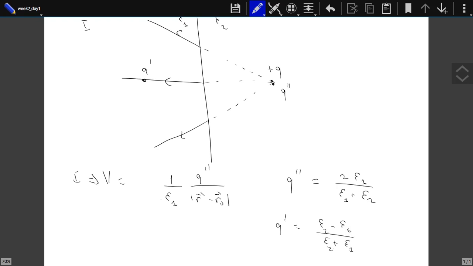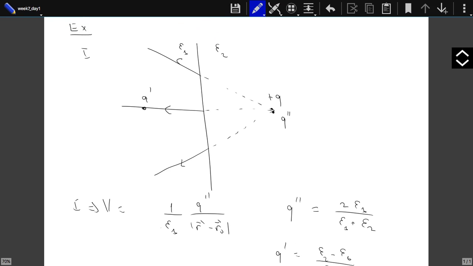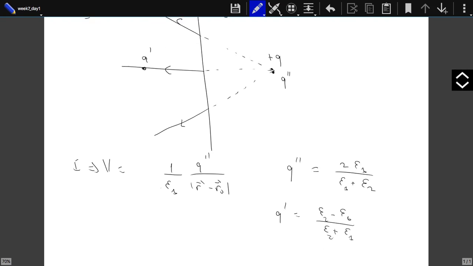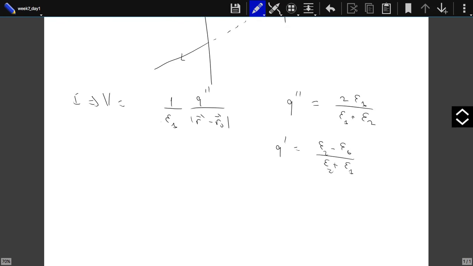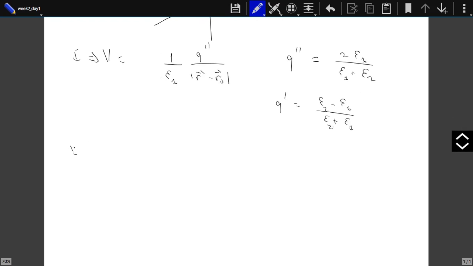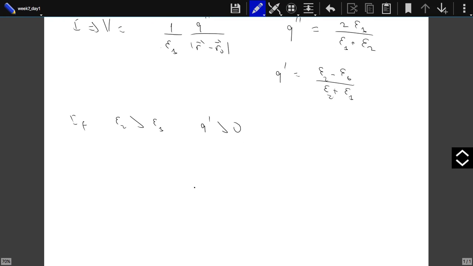Now, in region 2, we said that there are basically two charges, the actual charge, and its image, Q prime, and this Q prime was equal to epsilon 2 minus epsilon 1 divided by epsilon 2 plus epsilon 1. So in region 2, we have somewhat a dipole, in the sense that we have two point charges, and the electric field will be the electric field of two point charges.